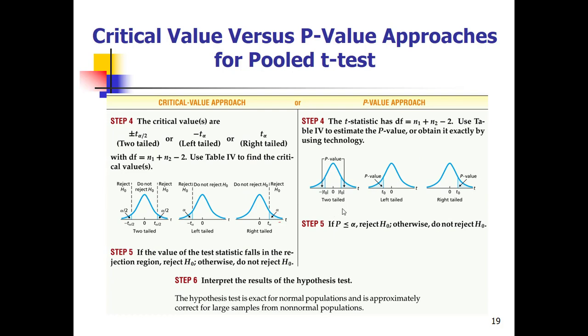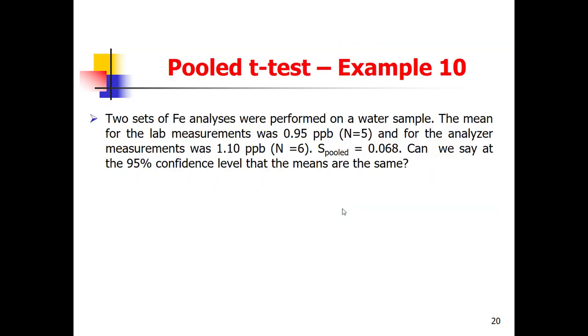So now we have another example. Example 11. Two tests of iron analysis were performed on a water sample. The mean for the lab measurement was 0.95. We had 5 samples, and for the analyzer the mean was 1.1. We had 6 samples.